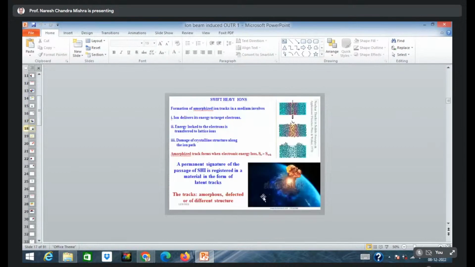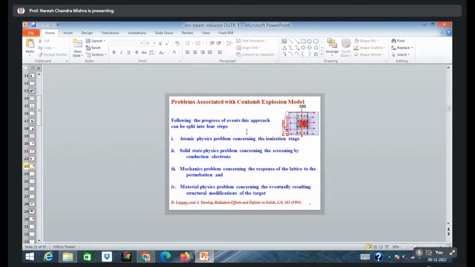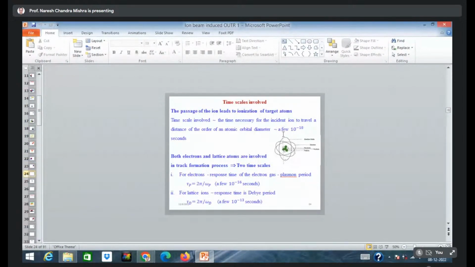As I told you, as this ion travels inside with a velocity more than the velocity of electrons, it pierces inside atoms. That picture I showed you in the Coulomb explosion model. Here also, the ion is piercing through the electron cloud.